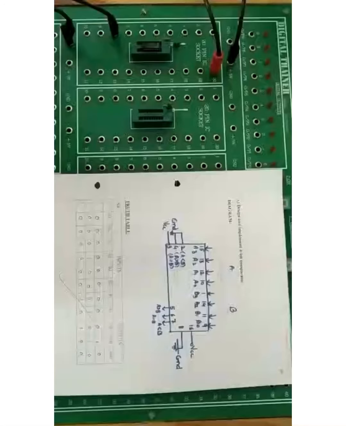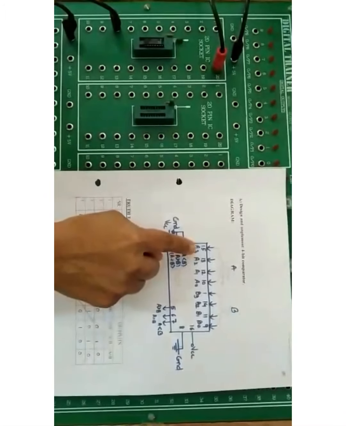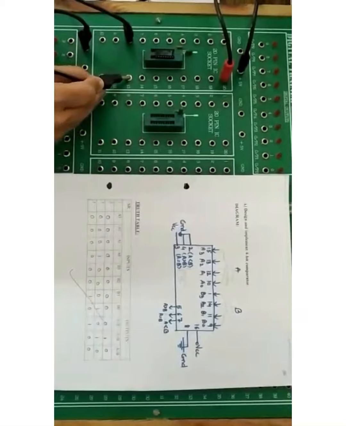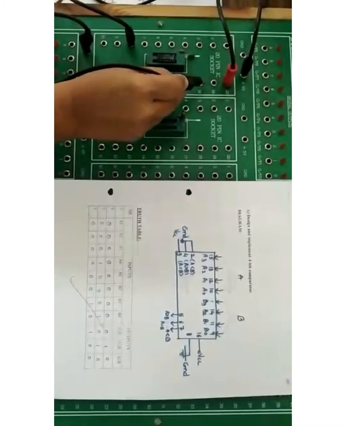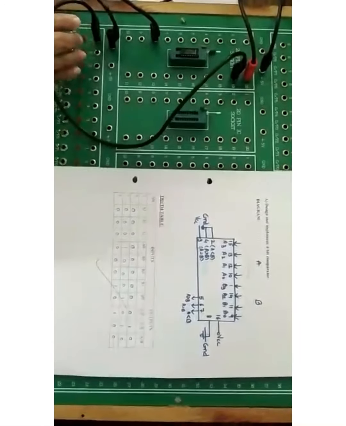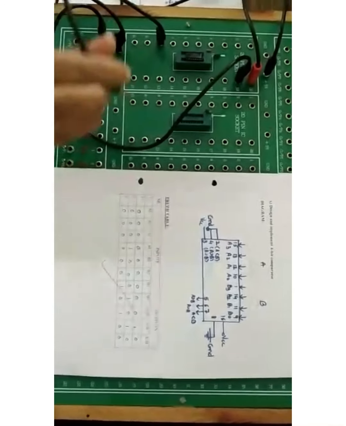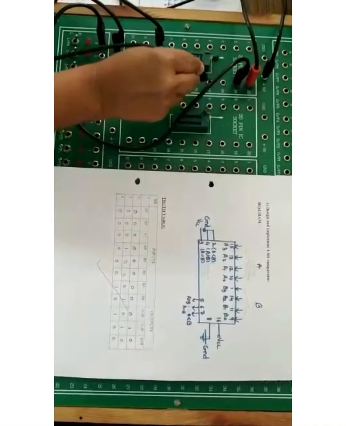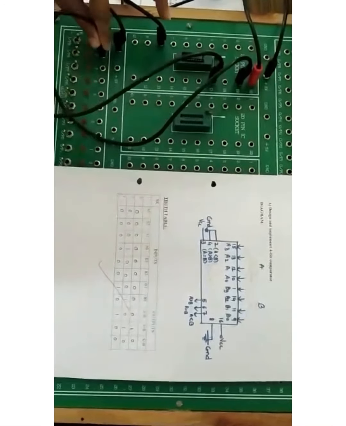A greater than. Here pin number 15 is A3, that is the MSB. After 8 come 9, 10, 11, 12, 13, 14 and 15. 15 is connected to the MSB input. Then pin number 13, after 15 and 14, is connected to the next input.